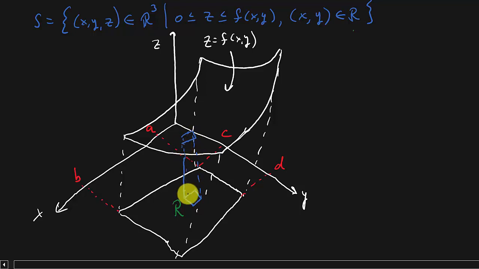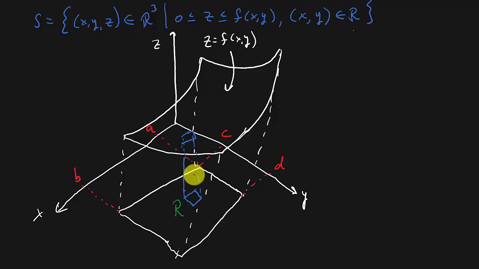I know that's not the best, but anyway, it's like this little rectangle here. And you're going to have these little prisms coming up, and we're finding these volumes here, and we're going to sum up the volumes. I'll talk about that more in just a minute. But that's what we're looking at.